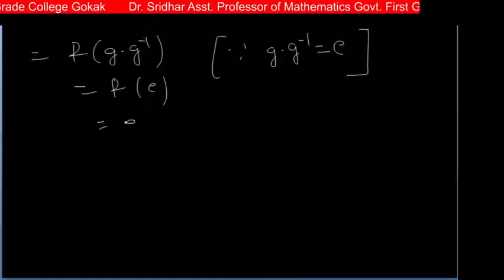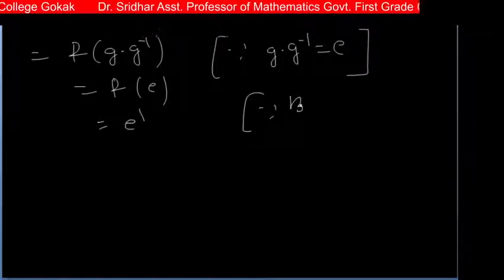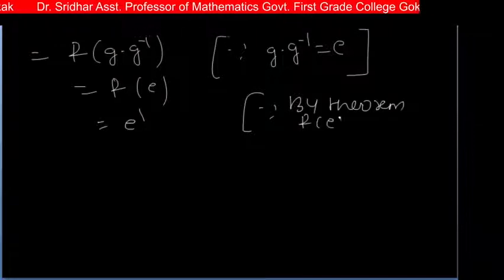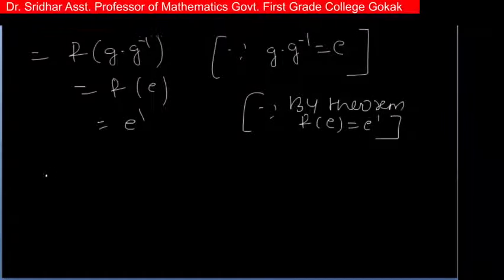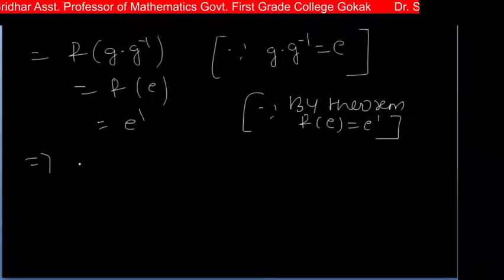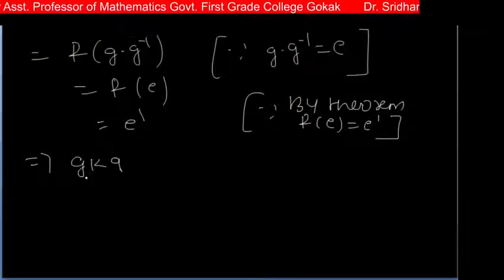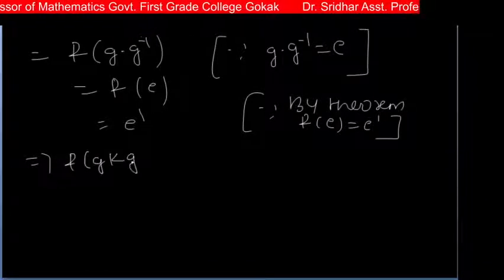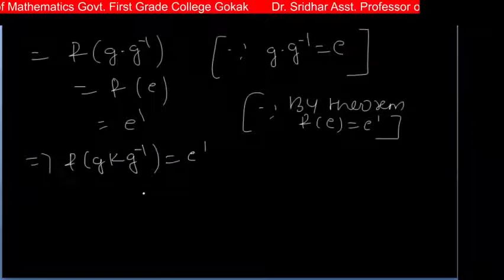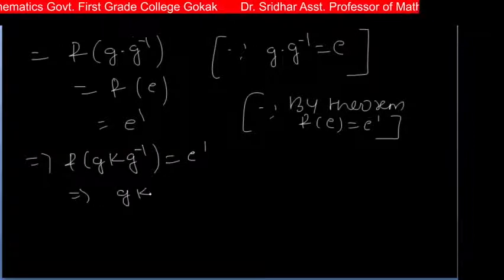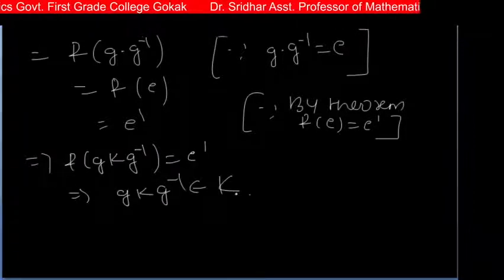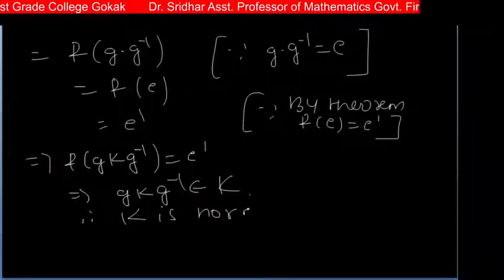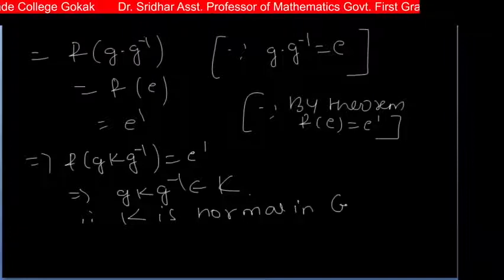So f of e is equal to what? e dash, because by the theorem f of e is equal to e dash. So this implies f of g k g inverse is equal to e dash, which means g k g inverse belongs to K. Therefore K is normal in G.